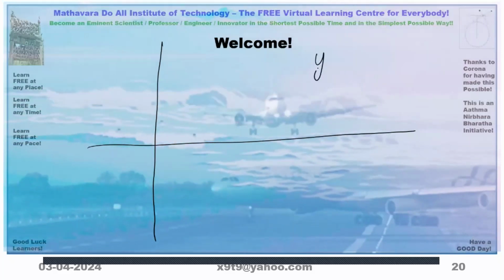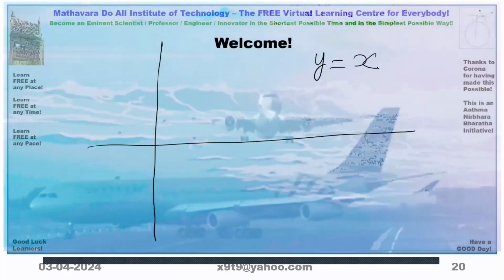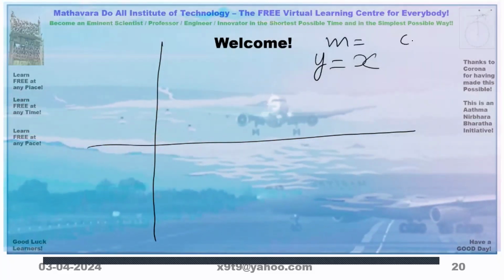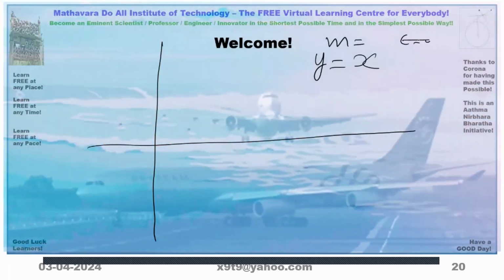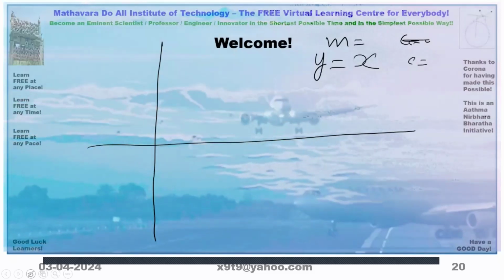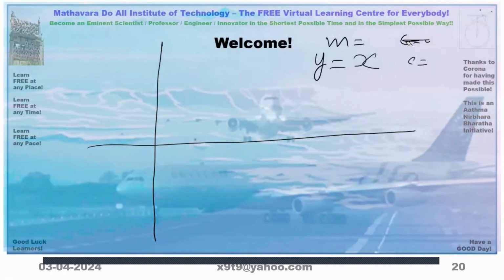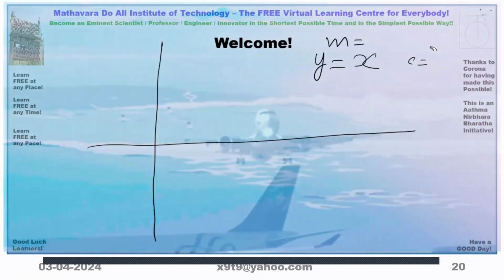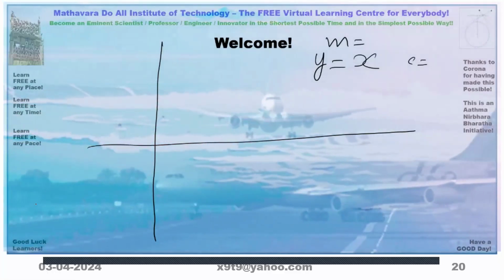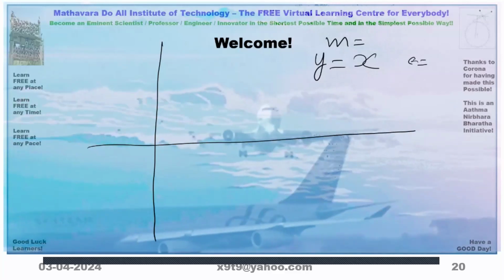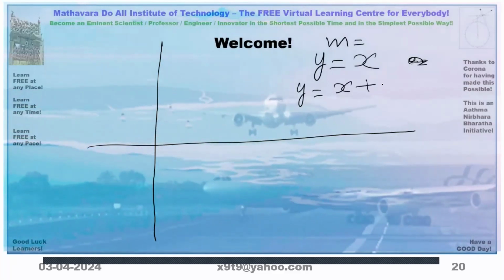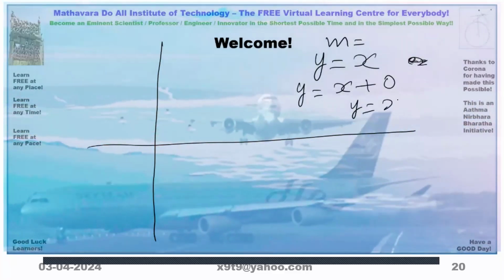Suppose I write y is equal to x. Then what is the m value and what is the c value? M is 1 and there is no c value, so it will be 0. Instead of writing y is equal to x plus 0, we will write y is equal to x.